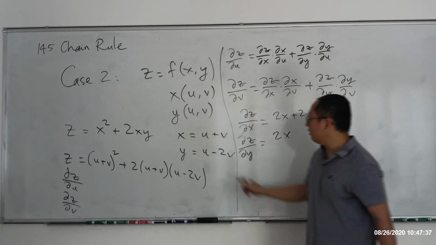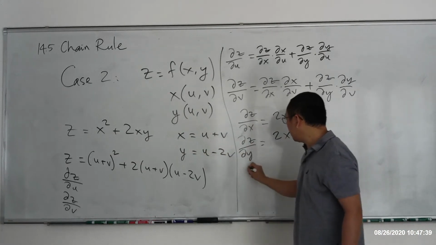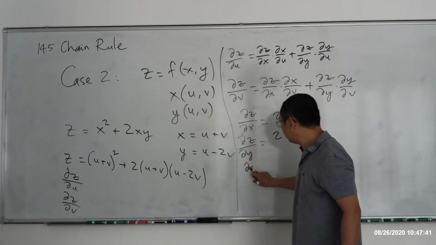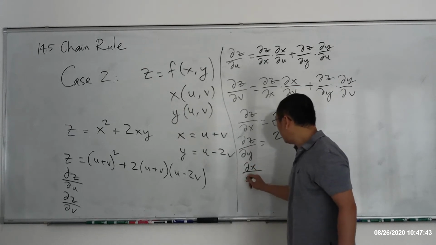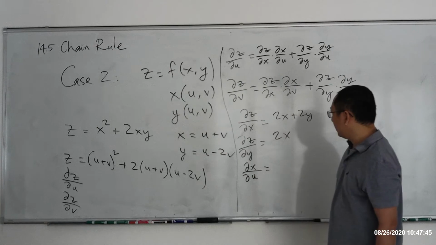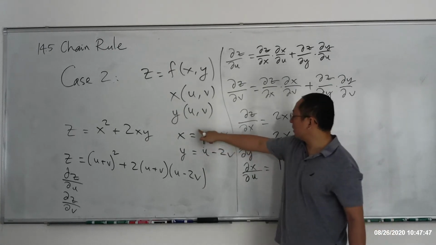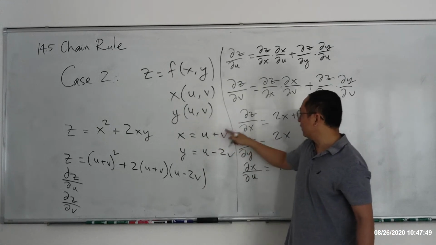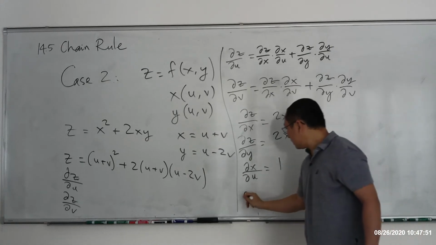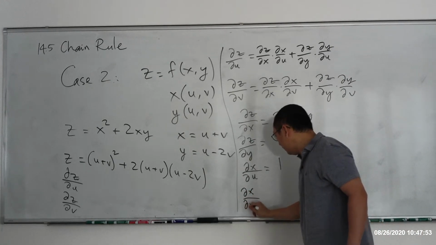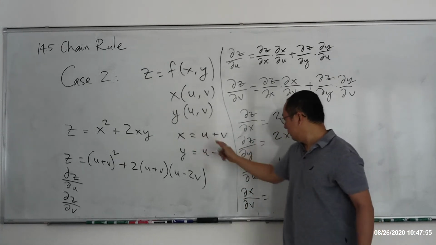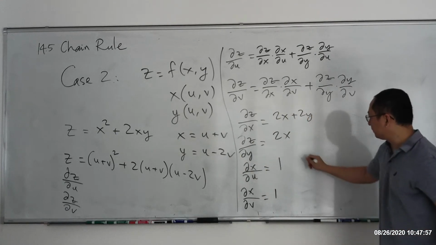Now I got x equal to u plus v, so dx over du is 1. Because u derivative is 1, v now 0. dx over dv, it's still 1.